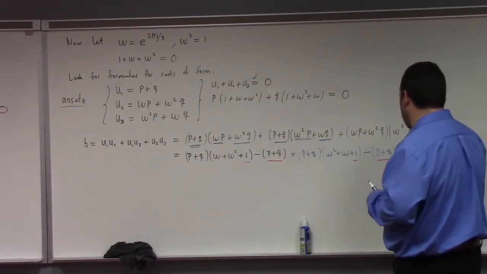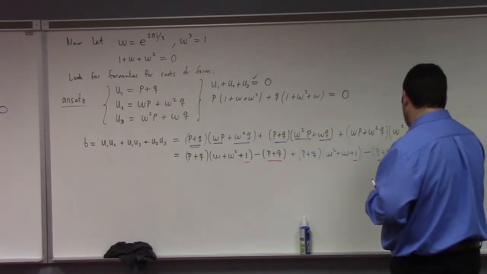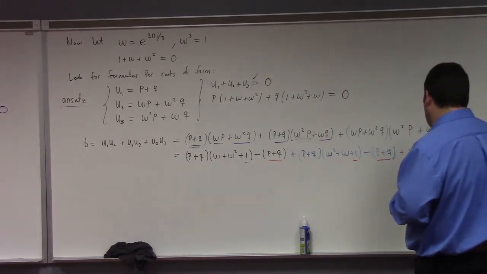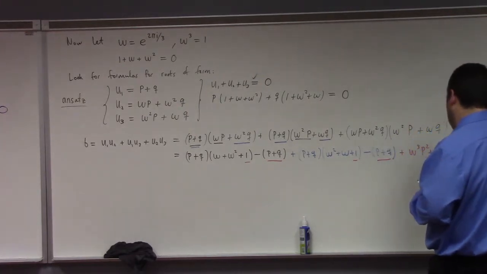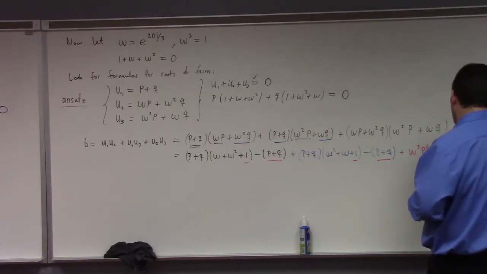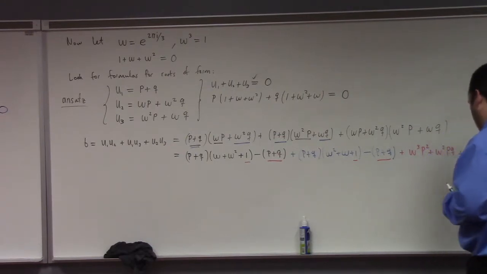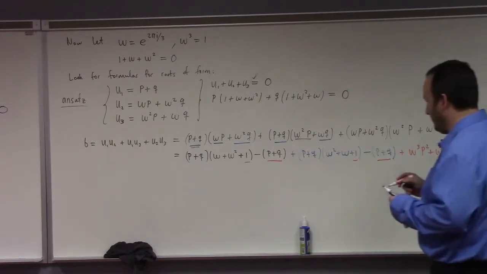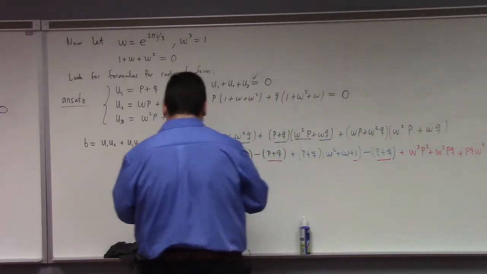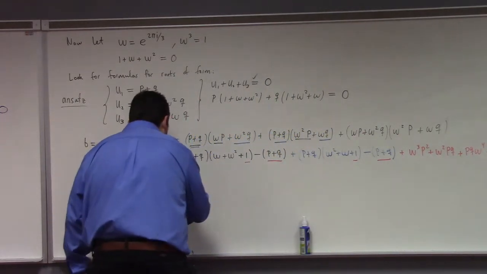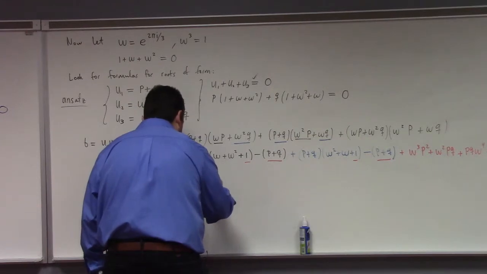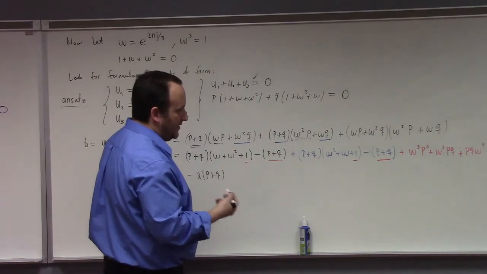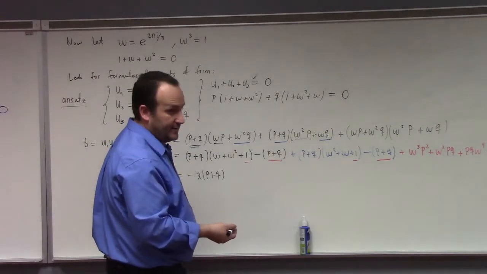I'm just going to FOIL this thing out over here. Omega cubed P squared plus omega squared PQ plus PQ omega to the 4th plus omega cubed Q squared. But remember, omega cubed is 1, and omega to the 4th is omega.